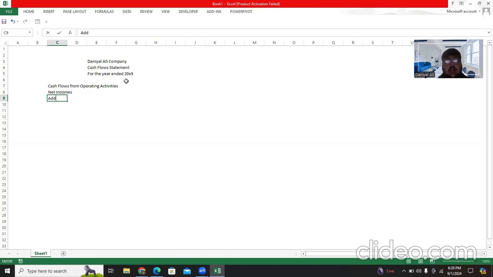Then I add back my non-cash expenses. Moving downwards, I get to my changes in working capital. As working capital is part of current assets and current liabilities, I shall mention current assets and current liabilities here as well.